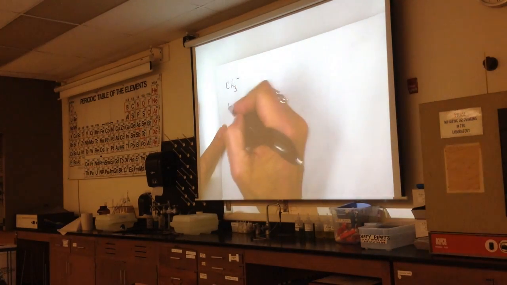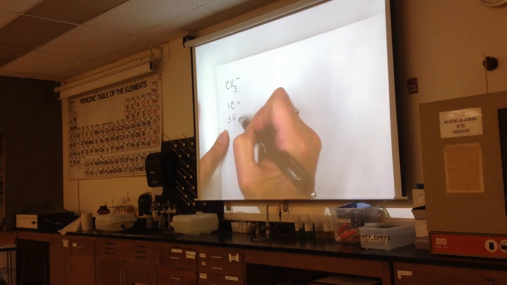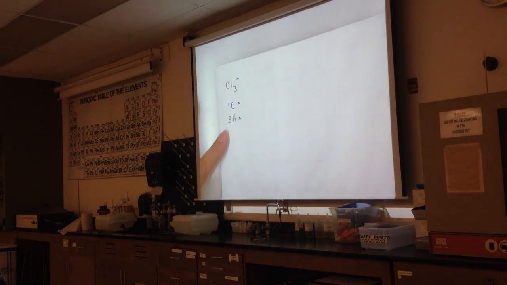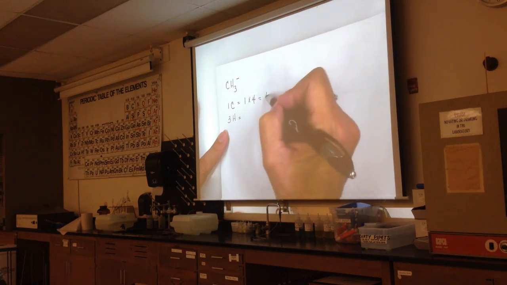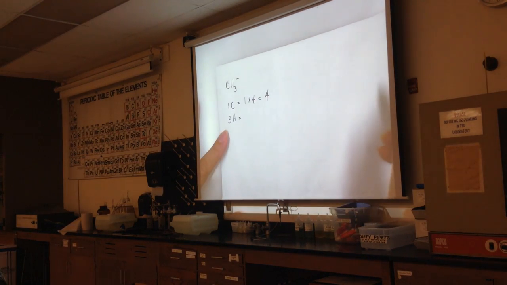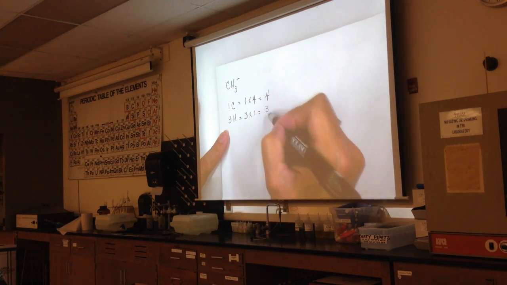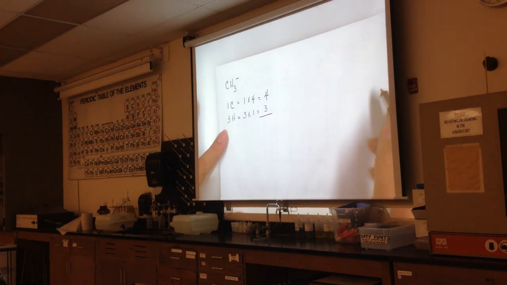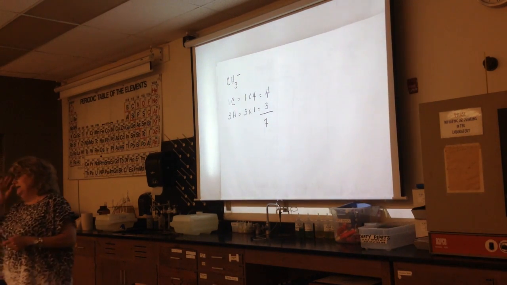We have 1 carbon, we have 3 hydrogens. Again, we go to the periodic table. Carbon is in group 4, so that takes care of 4 electrons. Your hydrogens are in group 1. That's a total of 3. So this is 7. What happens when you have a minus?